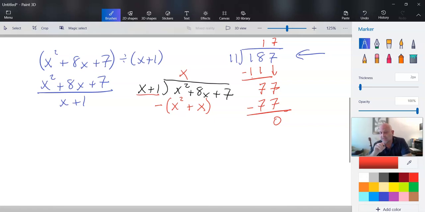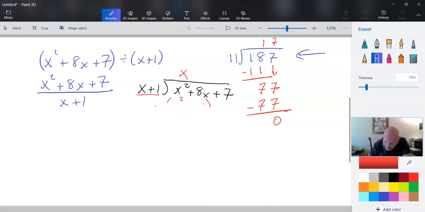Now that gets a little cumbersome because now you have to distribute the negative and everything else. So what I want you to be able to do here is actually do all those steps at the same time. So you're going to multiply this in, so that gives an x squared plus x, and I'm subtracting it. So I'm going to change all the signs as I multiply. So x times x is x squared. I'm subtracting it.